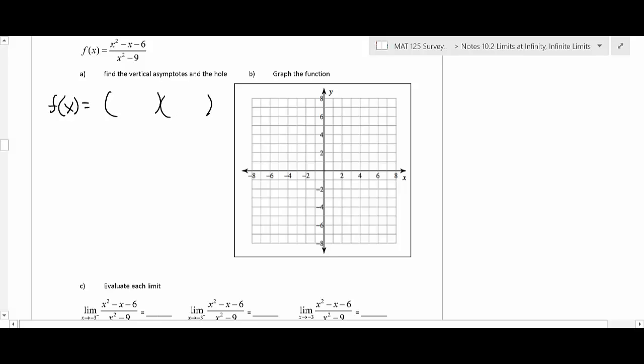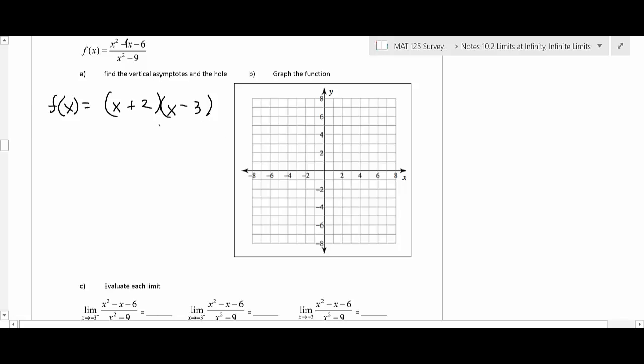We're going to have x times x. For 6, what would be the best number to use? 1 and 6 or 2 and 3? 2 and 3, because 2 and 3 are 1 apart. And that middle term is negative 1. 2 times 3, 6. How do you make 2 and 3 add up to negative 1? Careful. Negative 3 plus 2.